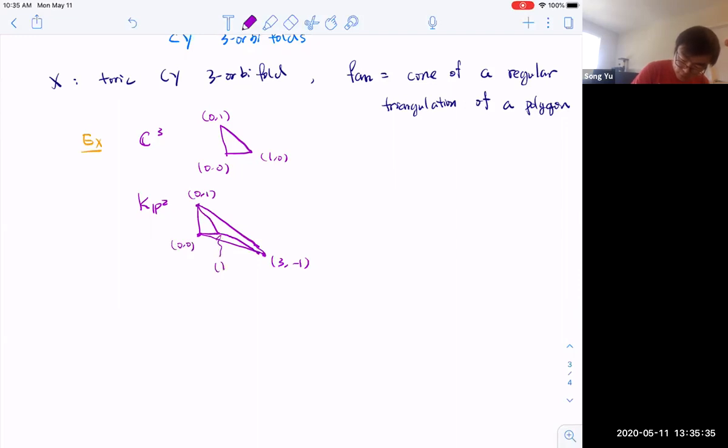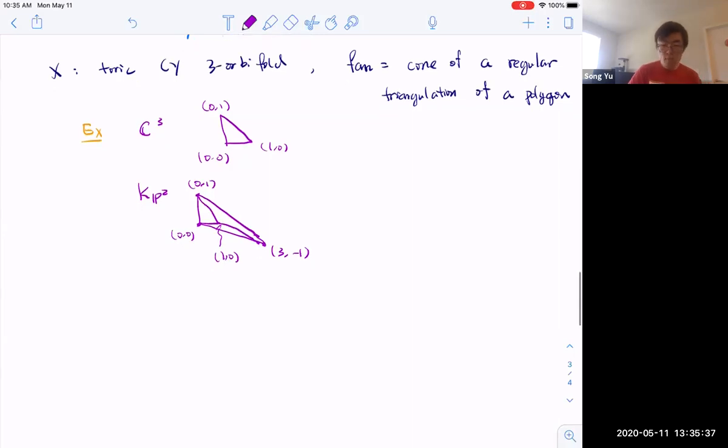And in the middle we have 1, 0. So there will be 3 top dimensional cones, and if you just look at this picture, this should be reminiscent of the fan for the surface P2, but we're taking the canonical bundle, so it's like putting this surface at some hyperplane in a 3-dimensional space.